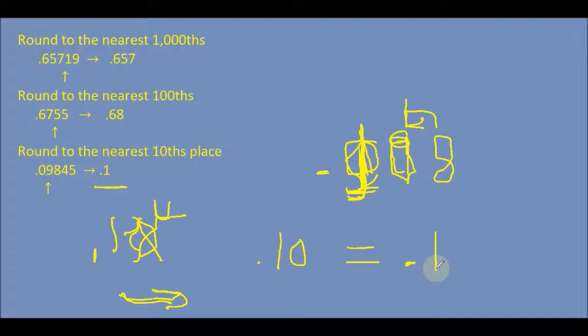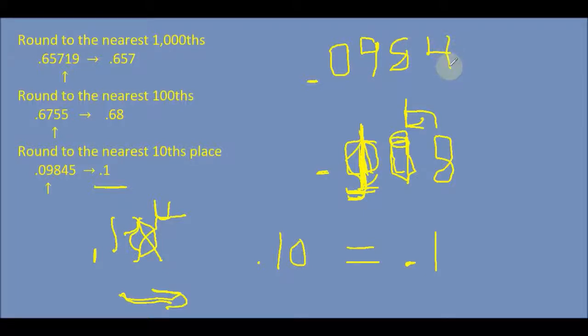Now, some people are going to look at this and want to round from the very end of this number. So let's try that. I know that sometimes this makes it more confusing for people. So if it feels more confusing, just forget this part and stop the video.